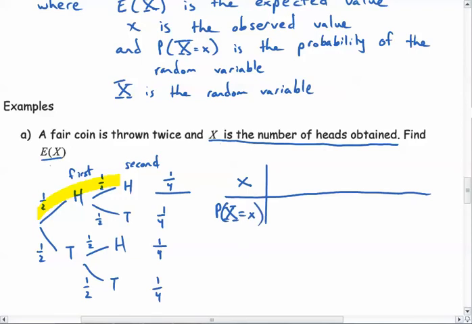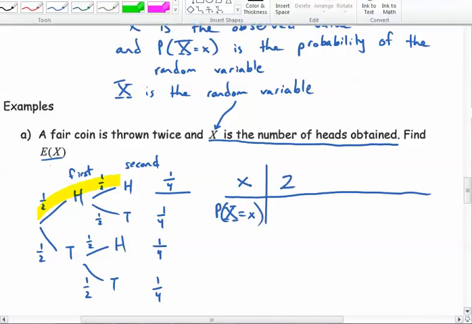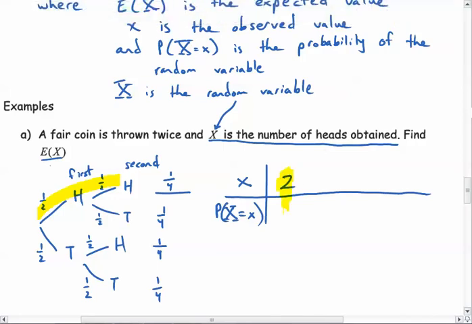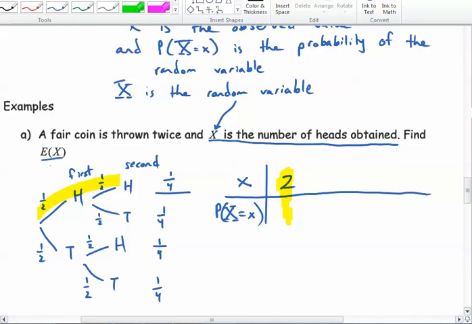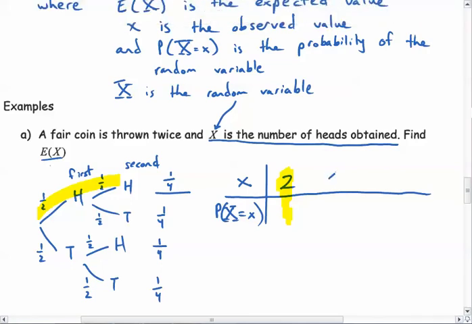Okay, so the random variable is the number of heads that we get. And the number of heads that we could get is either 2 heads, and that's the first branch of the tree, or we could get just 1 head out of 2 tosses, or out of 2 tosses we get 0 heads. So the chance that we get 2 heads is 1 out of 4.